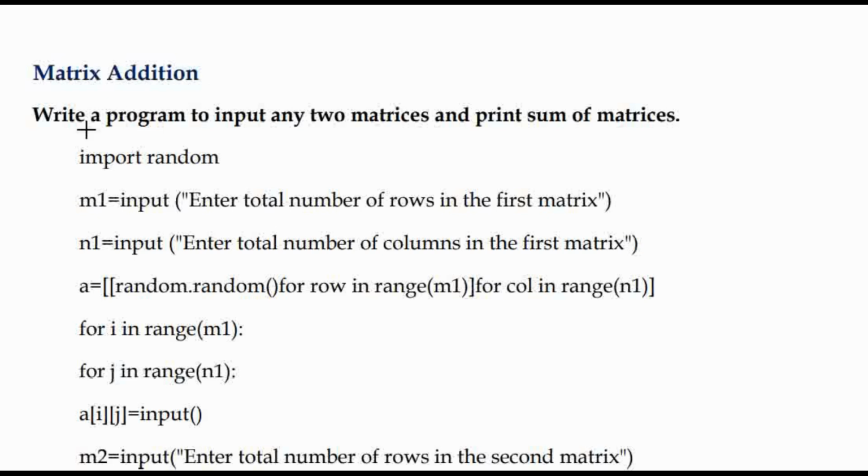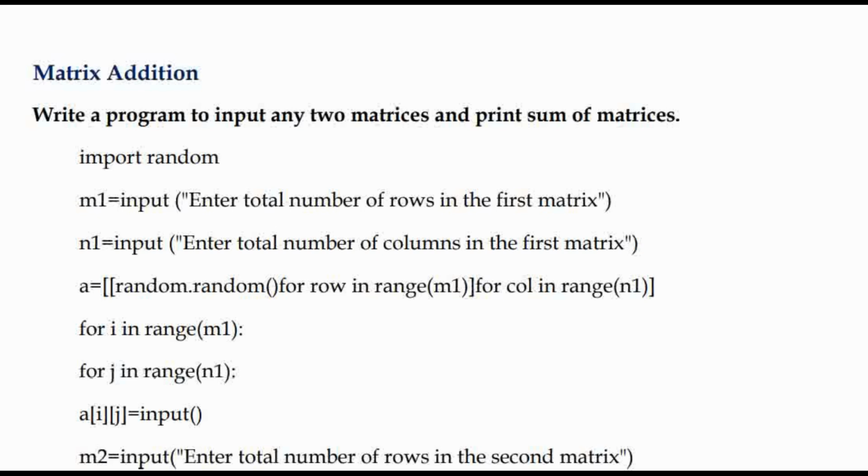Matrix addition. Write a program to input any two matrices and print the sum of matrices. Import random. M1 equal to input, enter total number of rows in the first matrix. N1 input, enter total number of columns in the first matrix. A is equal to random.random function for row in range M1, for column in range N1, for I in range M1, for J in range N1, A[i][j] input function.